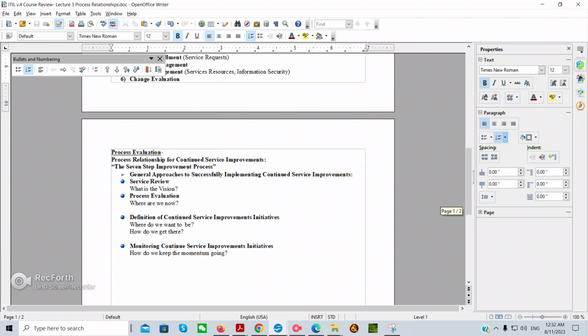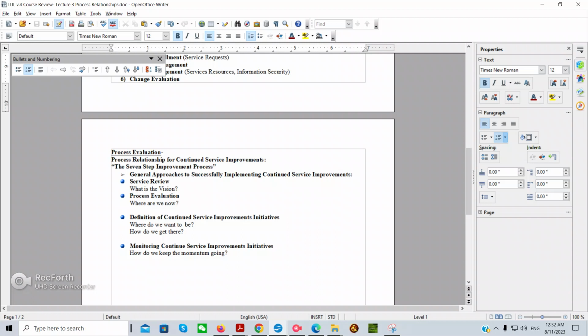The last part of this, as I'm giving you just the notes, is process evaluation. As part of the process evaluation, there is the process relationship with continual service improvement. It is what's called the 7-step improvement process. This is the general approach to successfully implementing continual service improvement. So we have the service review, which is: what is the vision?